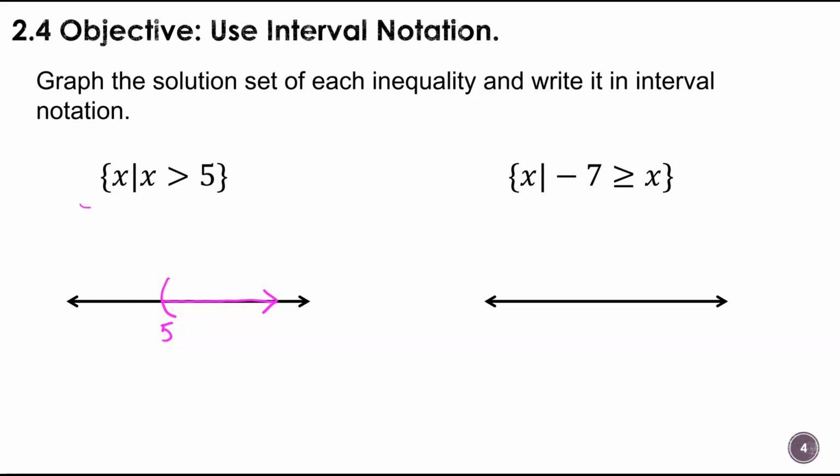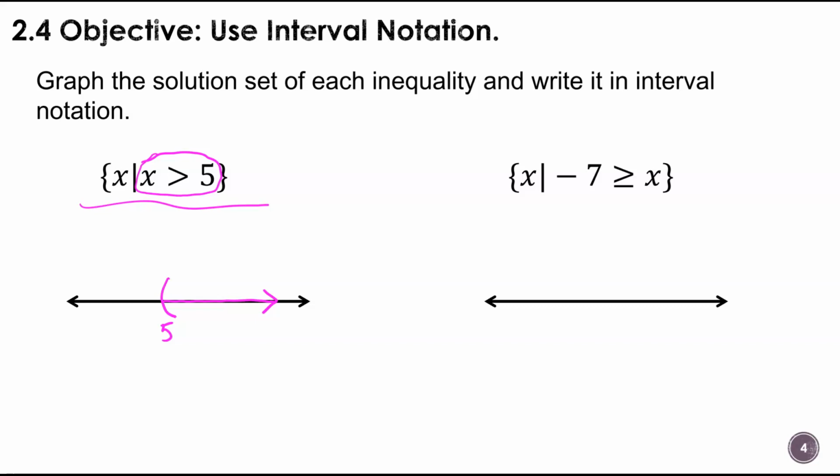Now this notation is called set builder notation, and it's basically saying all values x such that x is greater than 5. So when we're looking at this, here's the part that we're most concerned with. What does that say? Well, it says that x is greater than 5, and that's how we will graph it.